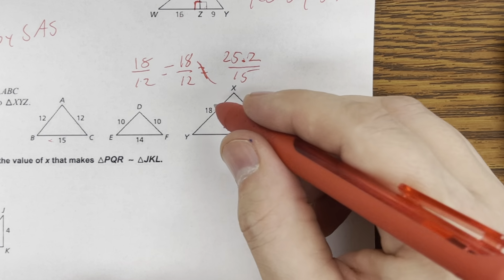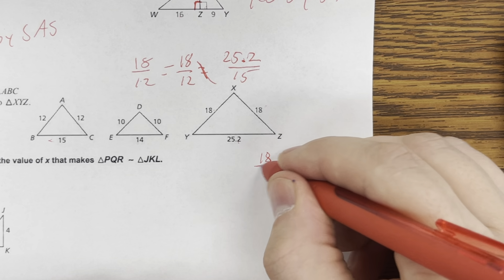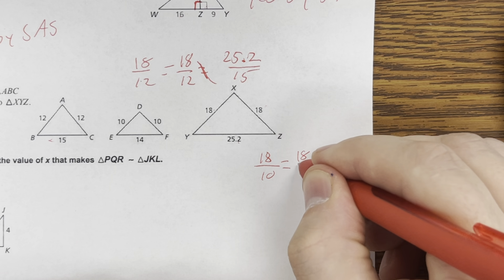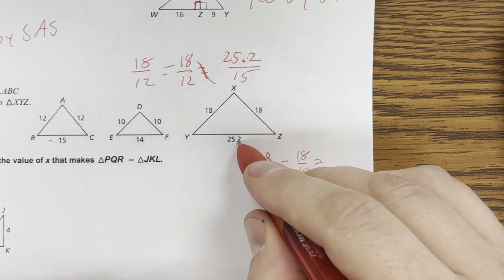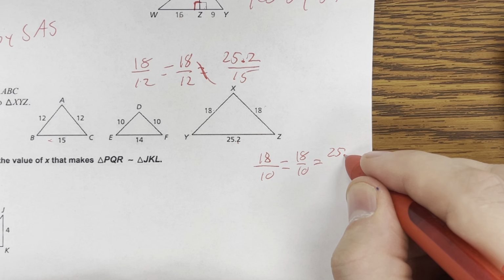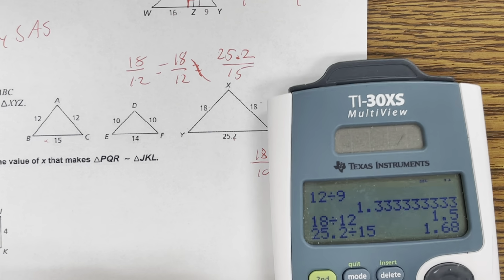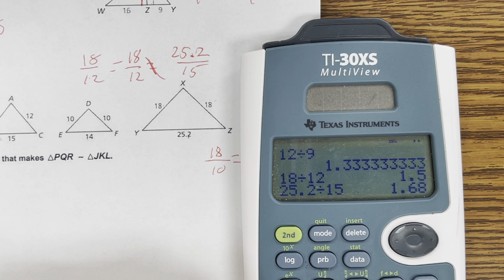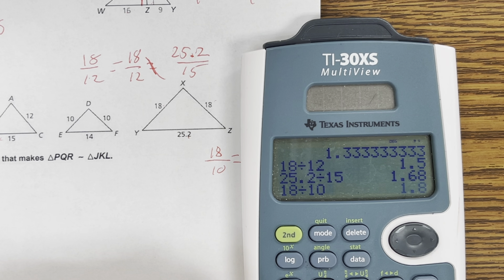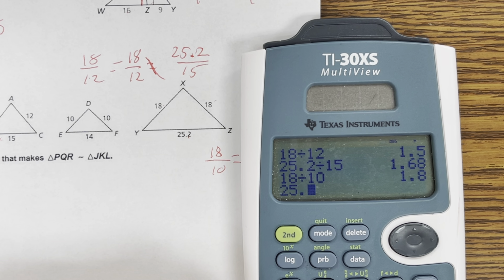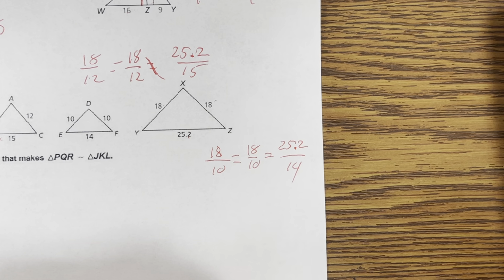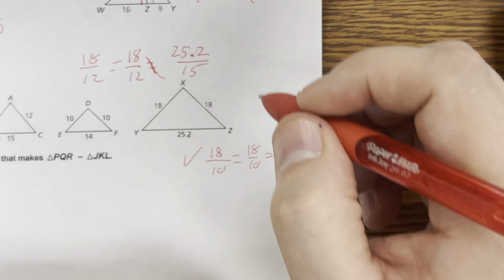Now we'll check the other one, 18 over 10. And we have another 18 over 10, and then a 25.2 over 14. So we have to check and see if that is equal. So 18 over 10 and 25.2 divided by 14. 1.8, 1.8. So those are indeed all equal. Check it off.